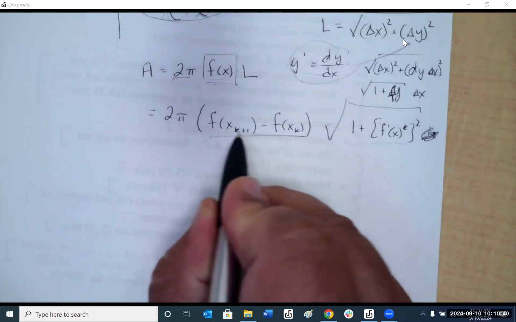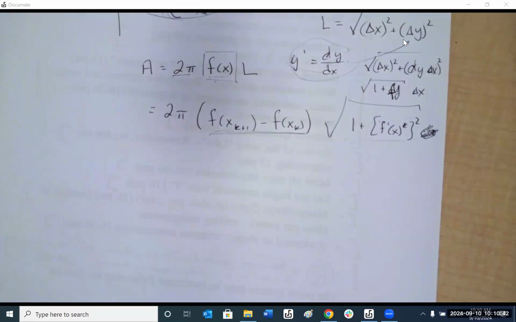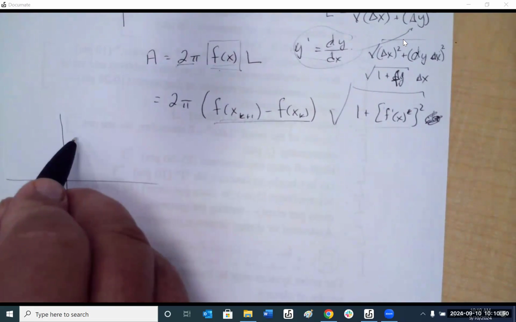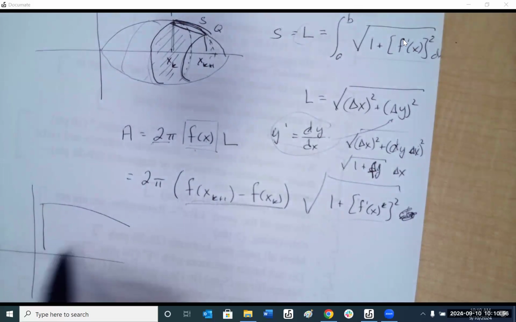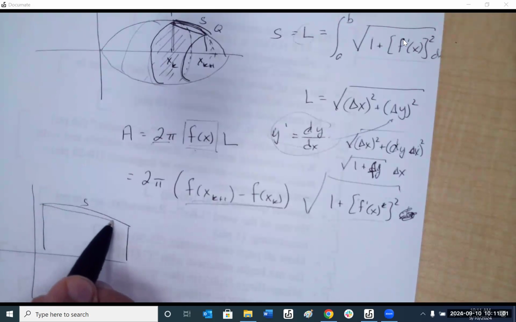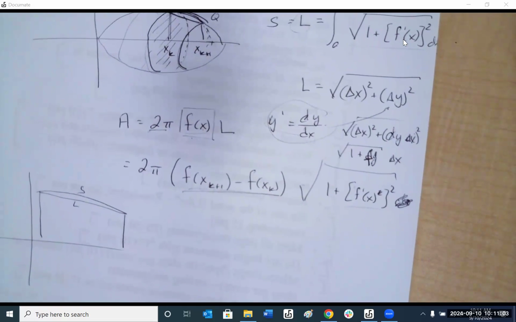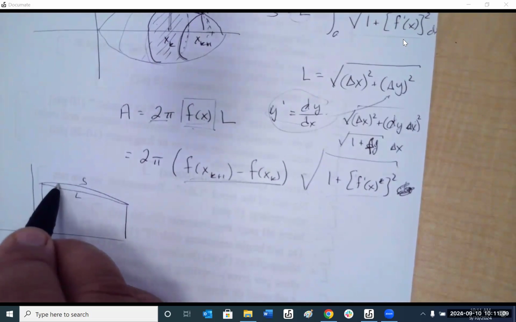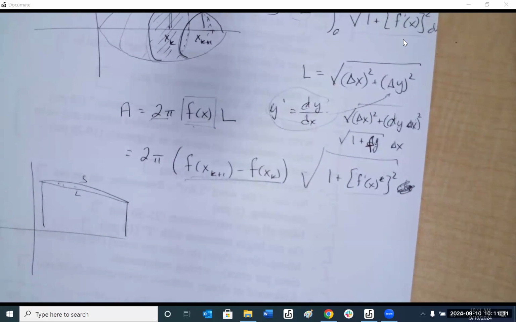But what is the problem with this one here? If we look very closely at this arc length right here, whether we use the arc length or L, the problem is what? The gap, this opening right here. So how did we do it when we first started doing delta x's, delta y's?